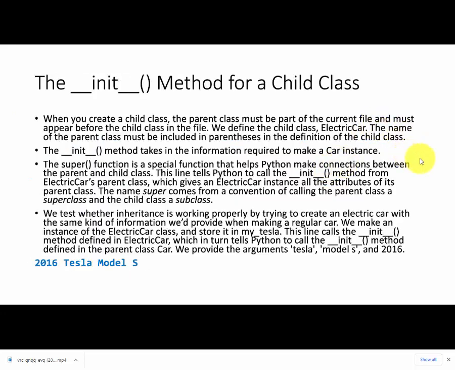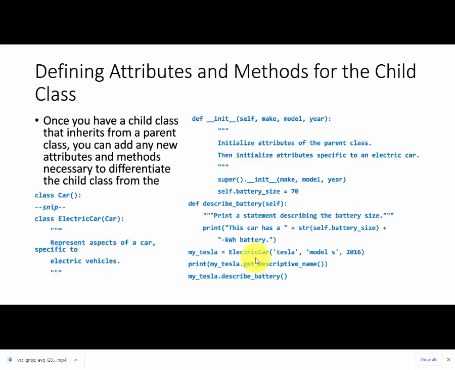The explanation for the super function, the init method, etc. is given to you here, so you can go into detail. I have shown you the working program and how to connect the child class with the parent class.